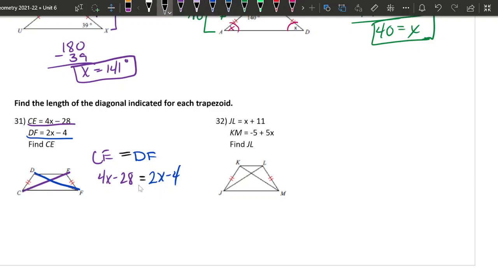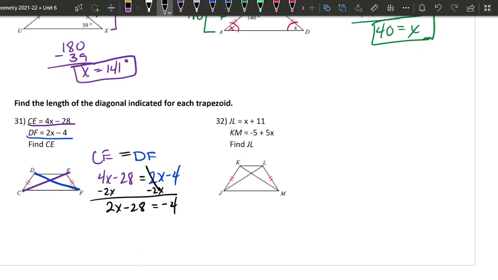So this problem says to solve for CE, but to do that, I need to find out what x is. So I'm going to subtract 2x to get the x's together. So 2x minus 28 equals negative 4.